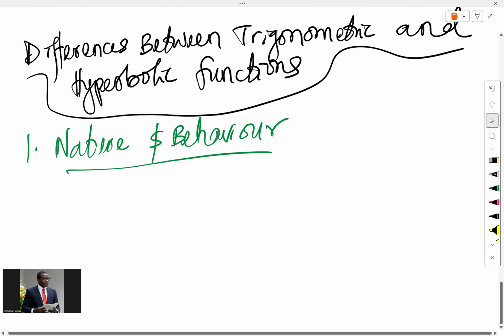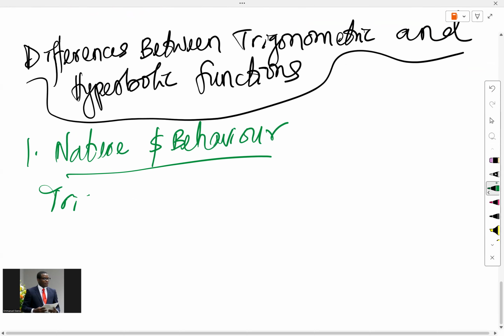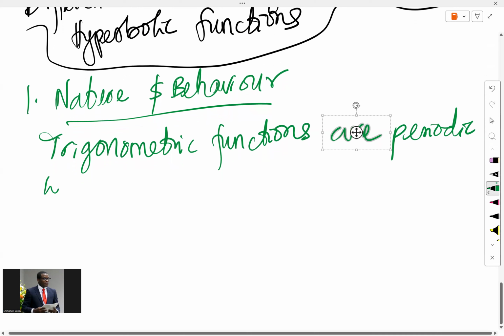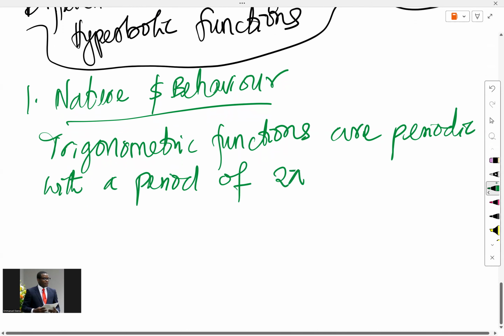It's important to see that trigonometric functions are periodic. They are periodic with a period of a revolution, that's 2 pi, and they are bounded.